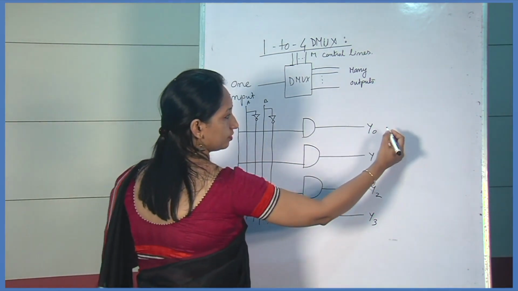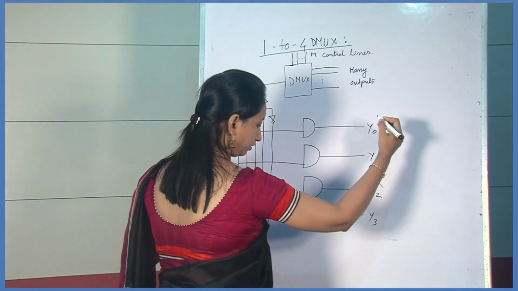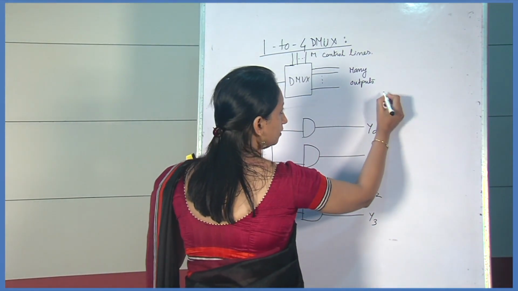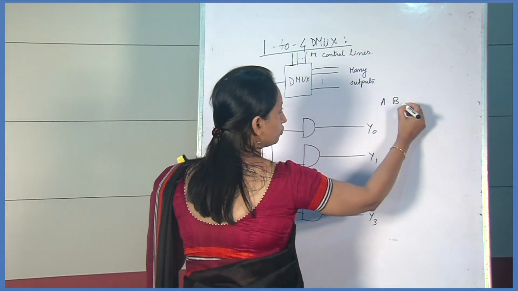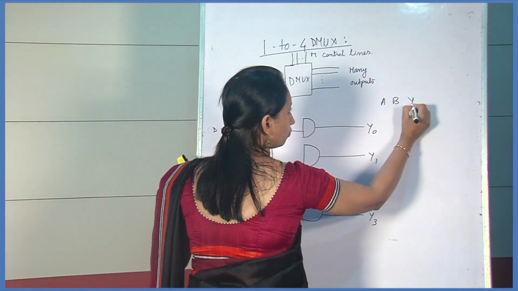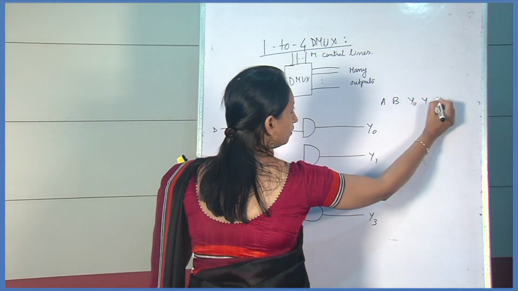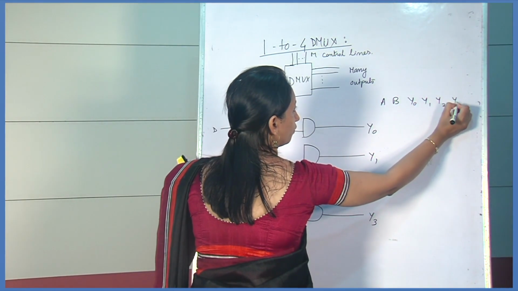So let us first see the output truth table, that is A, B, and 4 outputs. The 4 outputs are Y0, Y1, Y2, and Y3.